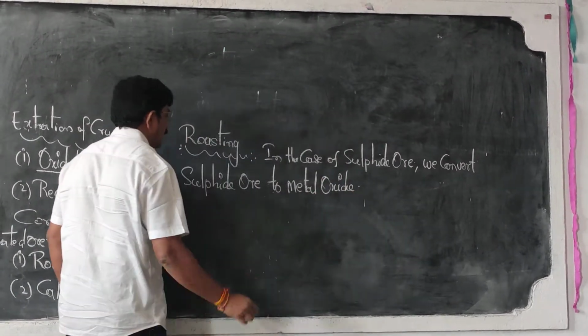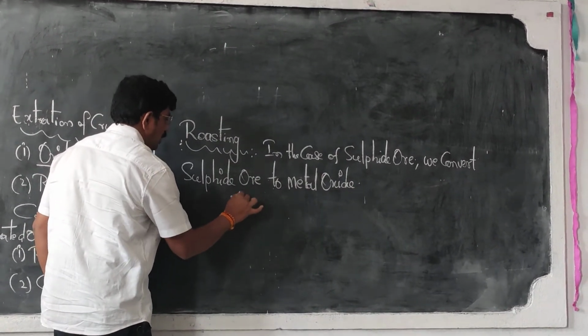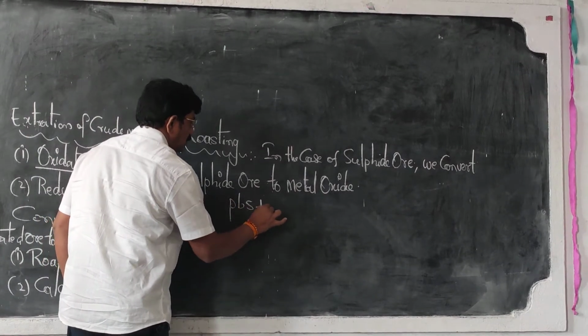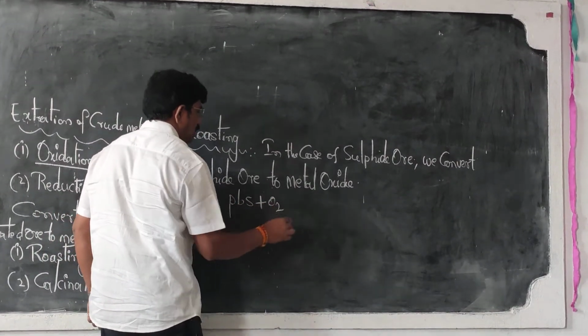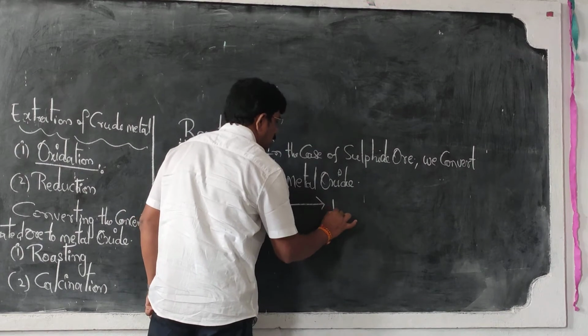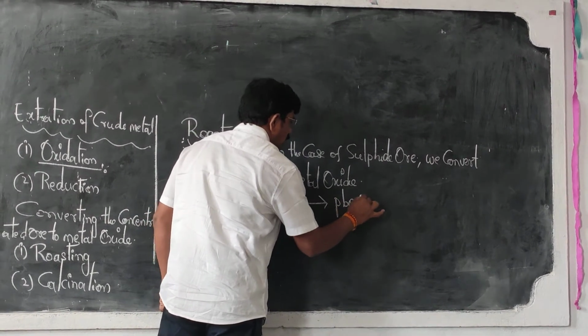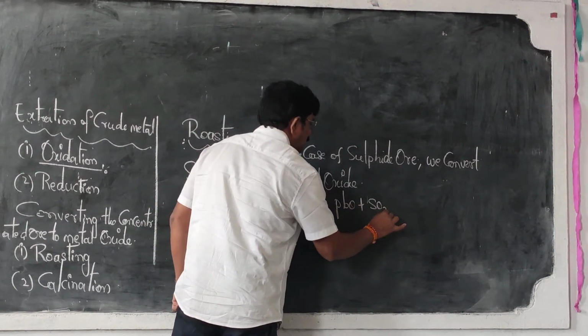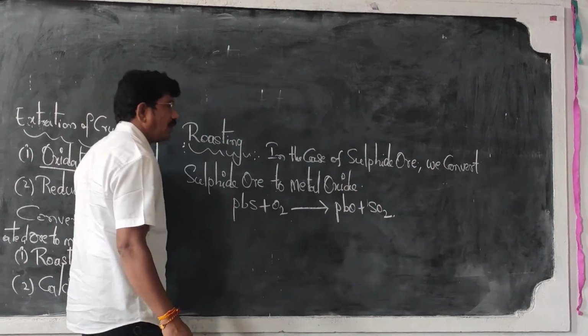Here I am giving an example. See this one. Lead sulfide plus oxygen, you will get lead oxide plus sulfur dioxide.